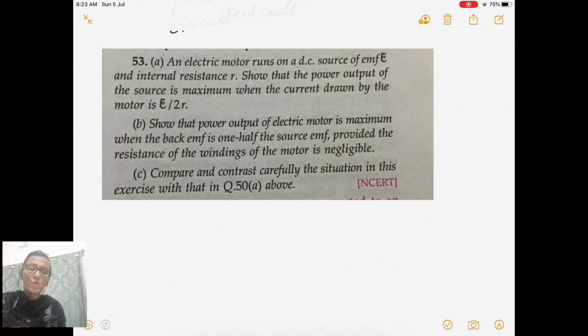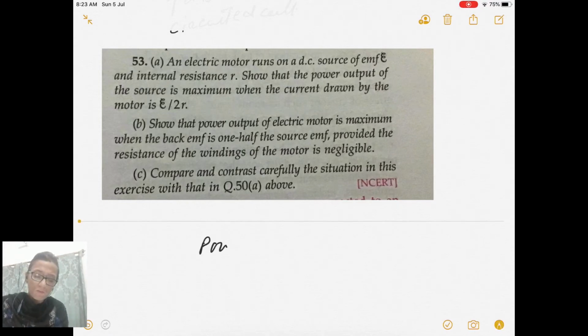An electrical motor runs on a DC source of EMF E and internal resistance r so that the power output of source is maximum. Output power is maximum when current drawn by the motor is E upon 2r. Okay.